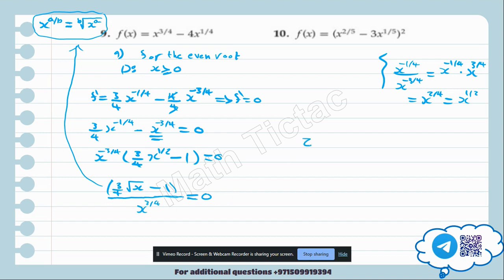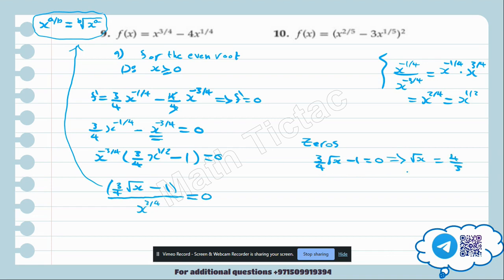Okay, so zeros, so it will be in here, 3 over 4 square root of x minus 1 equals 0. I will get from that, after taking the 1 and multiplying by 4 over 3, square root of x equal to 4 over 3.